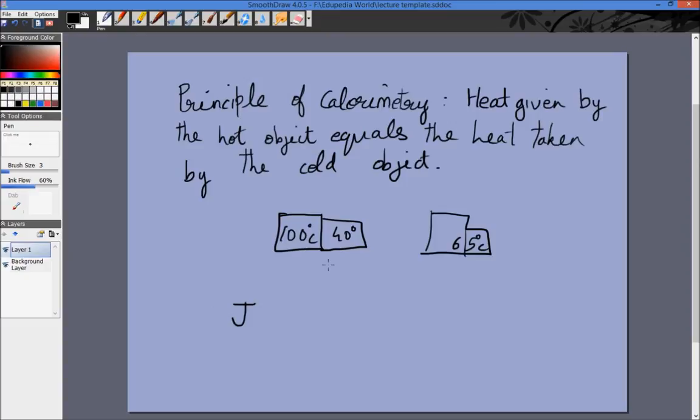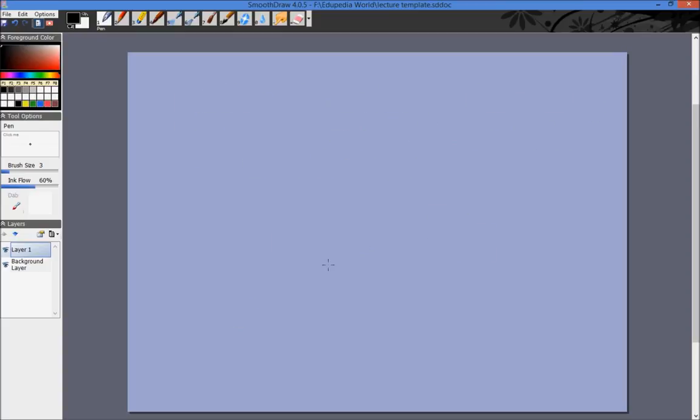Right. How do we calculate heat given by an object? That is given by a standard simple formula. Q is equal to m s delta theta, where Q is the heat. It is either given or taken depending on what delta theta is. M is the mass of the object.